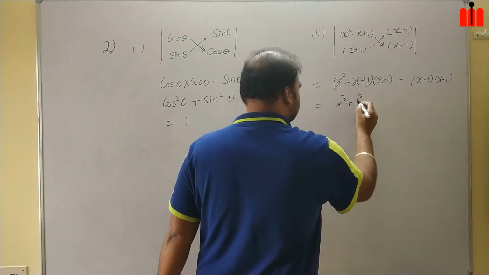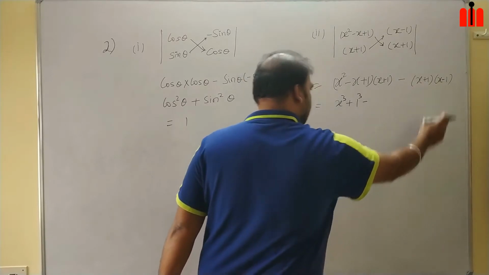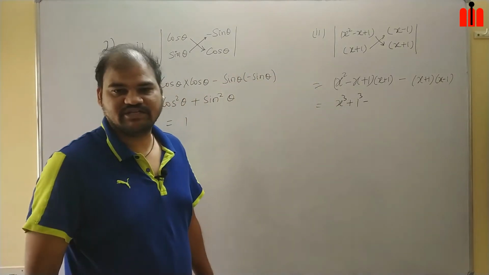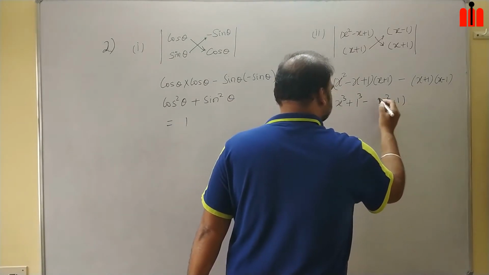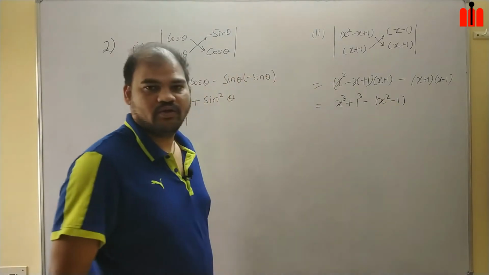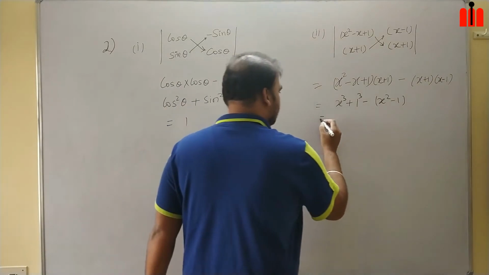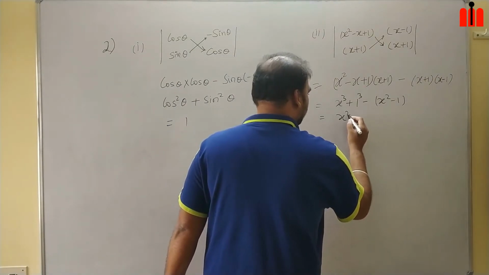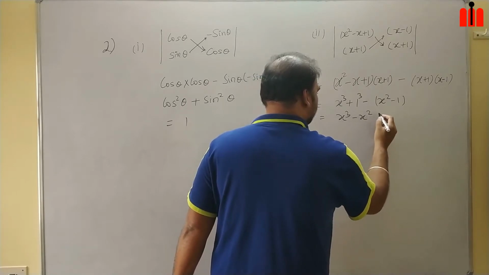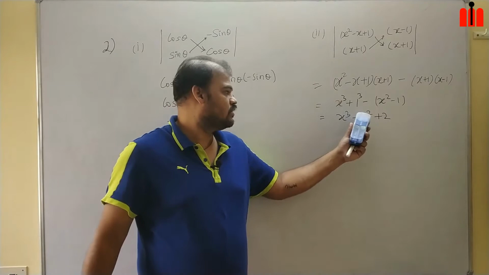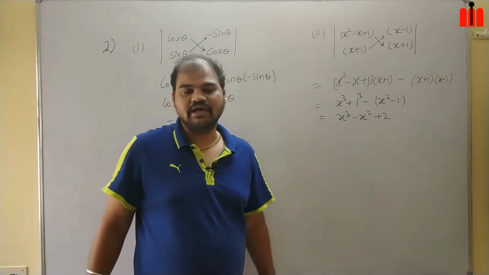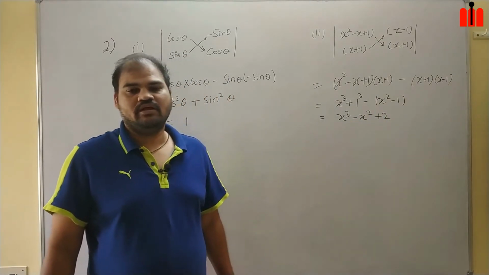So x cube plus 1 cube, minus a plus b, a minus b, which is x plus 1, x minus 1. So it is x square minus 1. So it will become x cube minus x square plus 2. Okay, x cube minus x square plus 2, right?